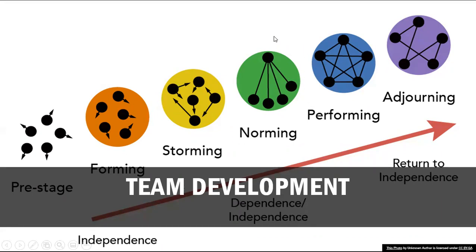In norming, the team has now worked together for a while and they know each other better, but sometimes they struggle to maintain integrity, and some team members will argue with each other, and at this stage the leader of the team still has a role in resolving the problem.